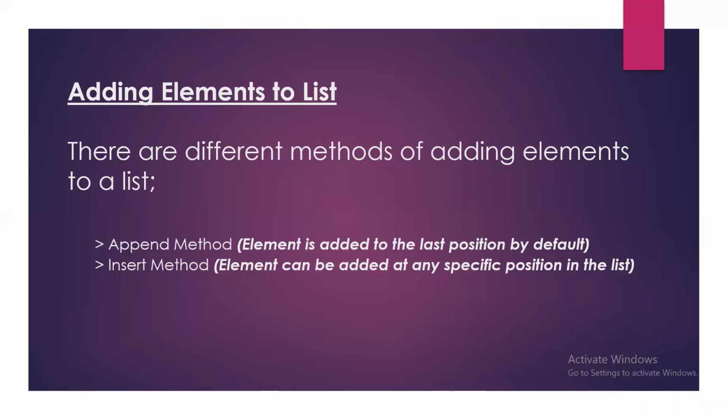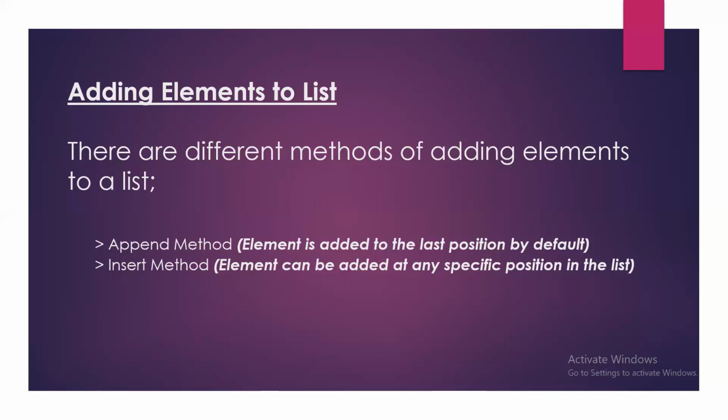In that case, we use the append function and specify the element which we want to add to our list, and the append method adds an element at the last position of the list by default. So if we want to add another country to the list of countries, that additional country will be added in the last position of the list in the append method.